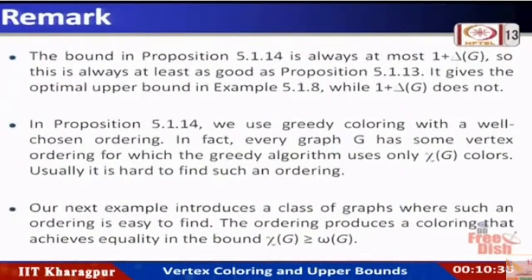Now let us see the remarks on these two discussions. First, we obtained a greedy coloring whose bound was big delta G plus 1, and then we have seen the Welch-Powell bound, which is 1 plus max over i of min of di and i minus 1.